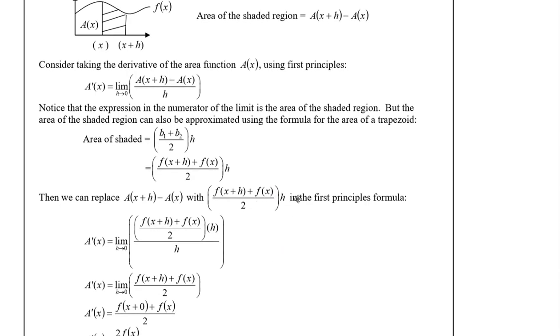Okay, so now what we can do is replace our original area function with what we just found. And now we see that the h's will cancel because that is the same h, right? That's the bottom of my trapezoid, and that was also the length of x plus h for my area function. So my h's cancel.